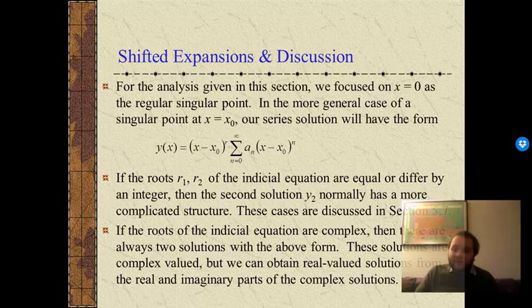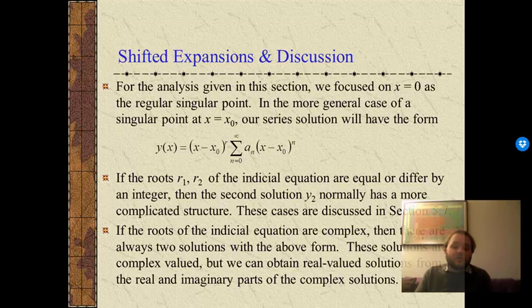So far we've dealt with only one example, but you're going to be dealing with simpler type equations. Notice we also focused on x is equal to 0 as a case. This theory still works. It'll be more messy, but it still works. It's just, instead of x to the n and x to the r, it's (x minus x_0) to the n and (x minus x_0) to the r.